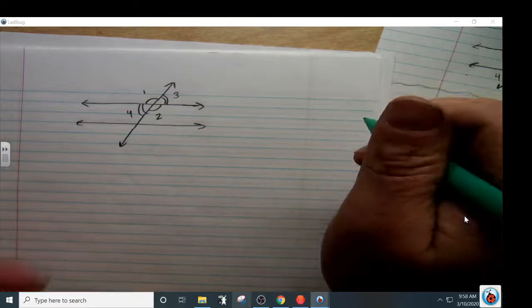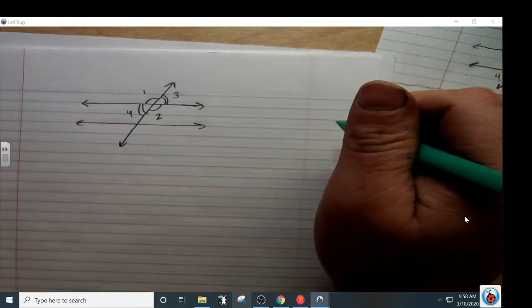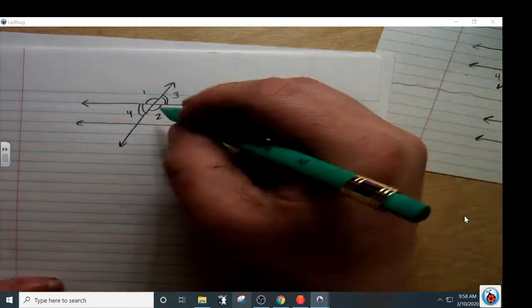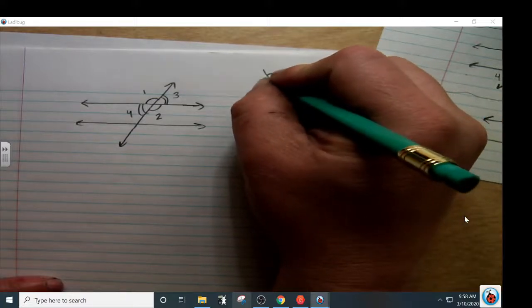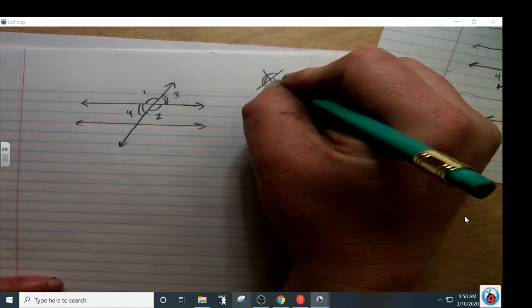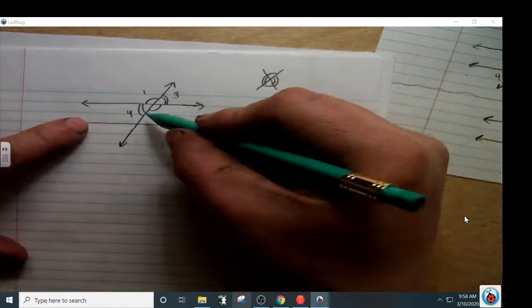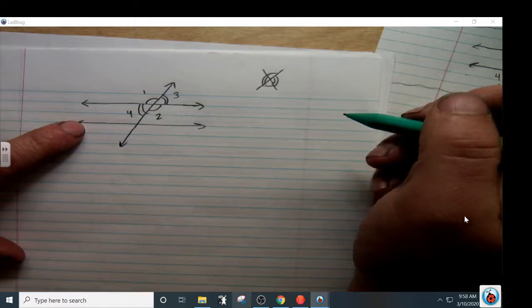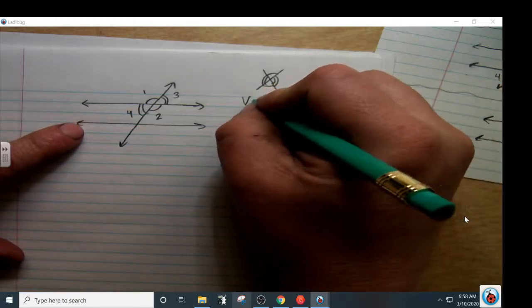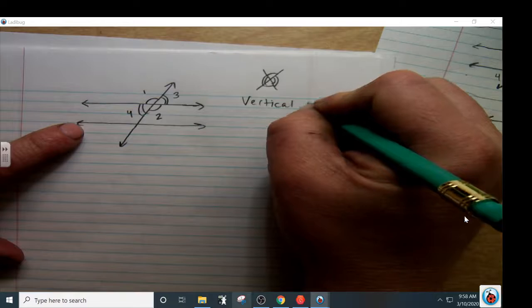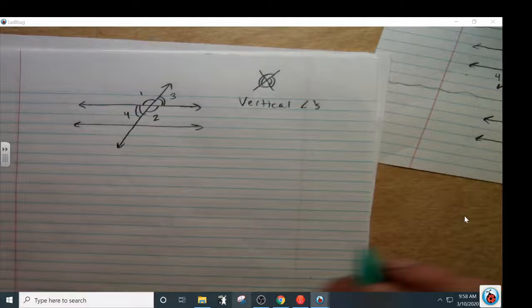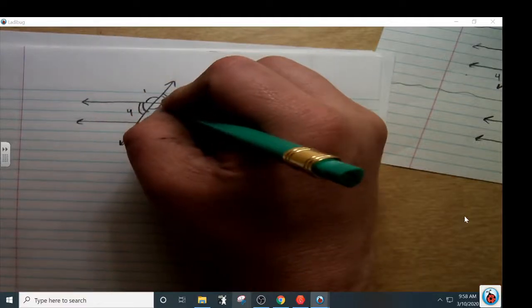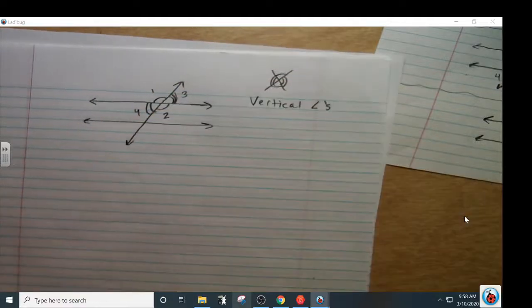All right, guys. Anytime two lines cross, no matter where they're at, you can just draw 2 lines like this. The angles that are diagonal from each other are vertical angles. Guys, vertical angles are used a lot here, and you'll use a lot of them in Math 3 when you do parallelograms.